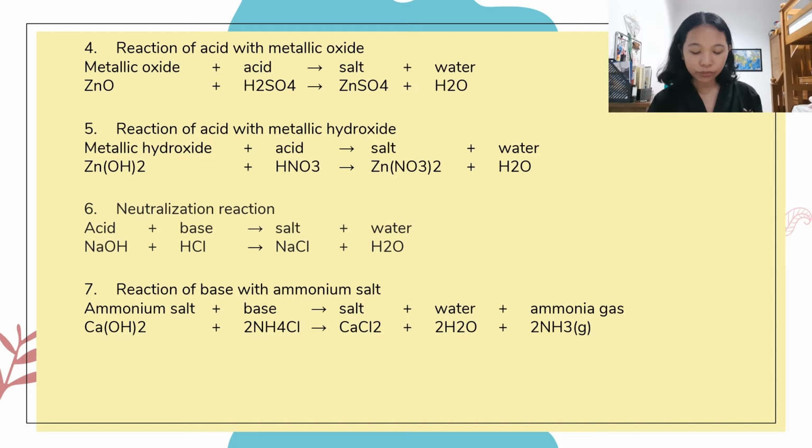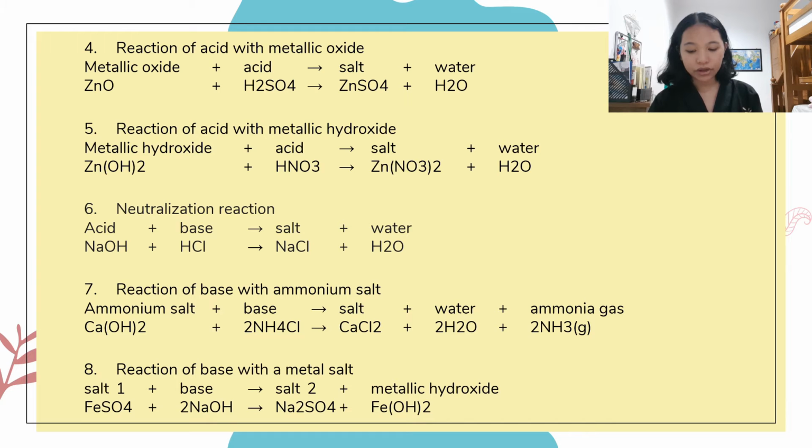So for the ammonium salt, we have ammonium chloride, and for the base we have calcium oxide. For the salt we have calcium chloride. For water we have H2O, and ammonia gas. For the eighth and last reaction, we have the reaction of base with metal salt.